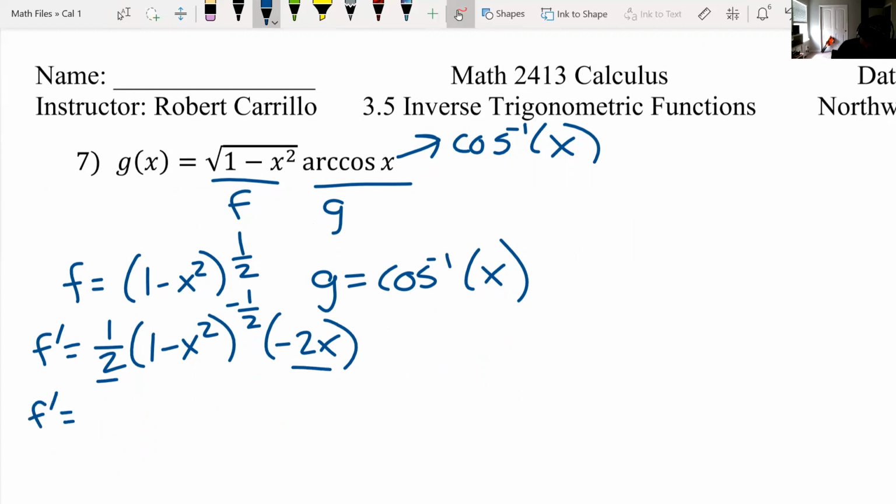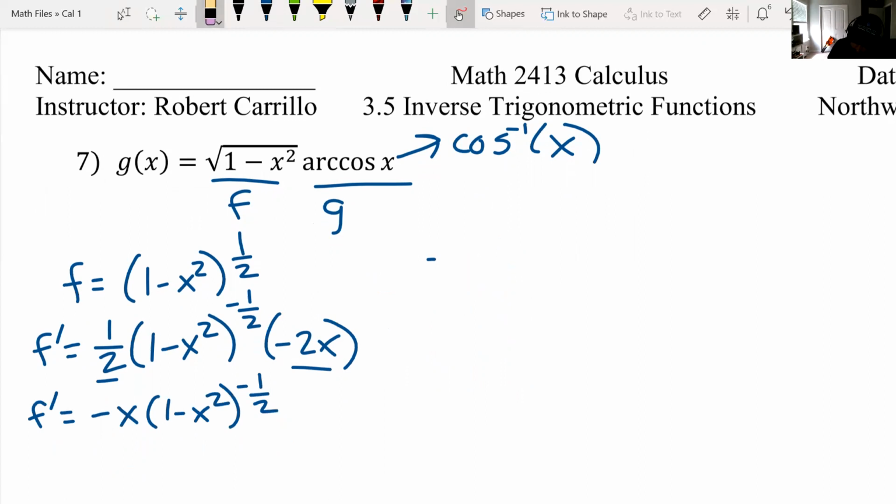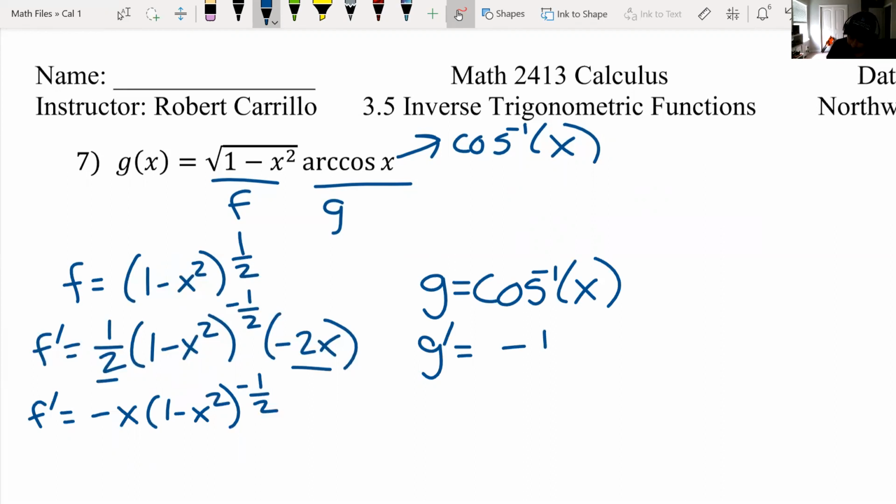F prime is negative x times 1 minus x squared to the negative 1/2. G is the inverse cosine of x, g prime is negative 1 over the square root of 1 minus x squared.